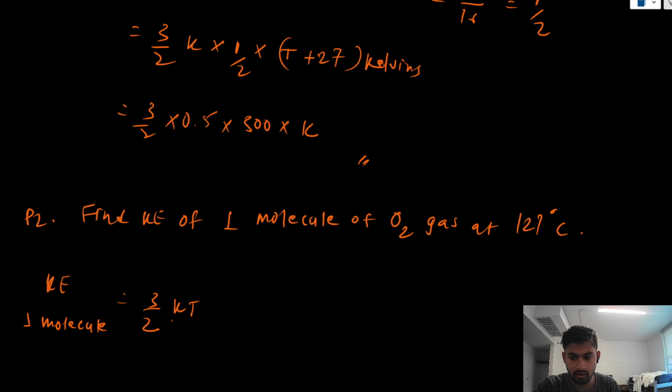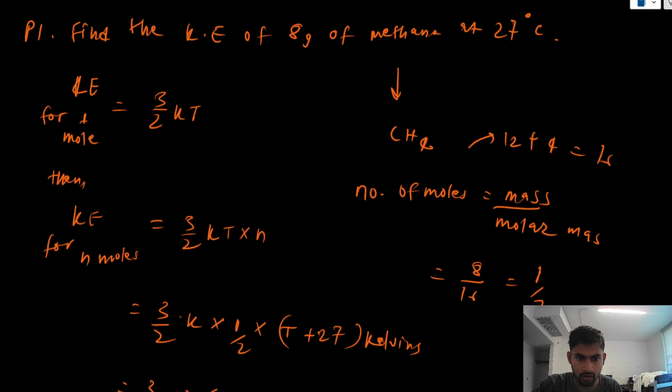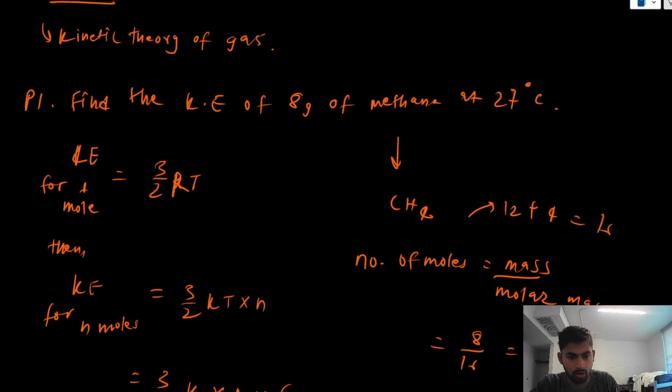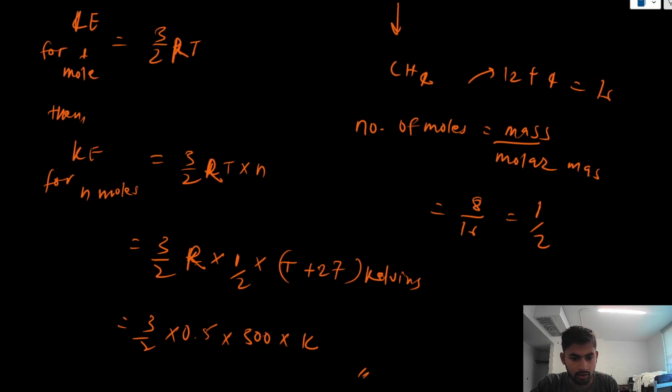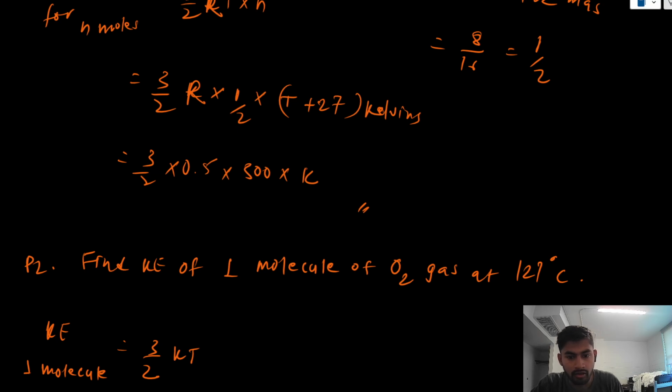kT. Wait a minute, I have made an error over here. It should be 3/2 RT for 1 mole, and for 1 molecule it's 3/2 kT, where k is the Boltzmann constant and R is the gas constant.